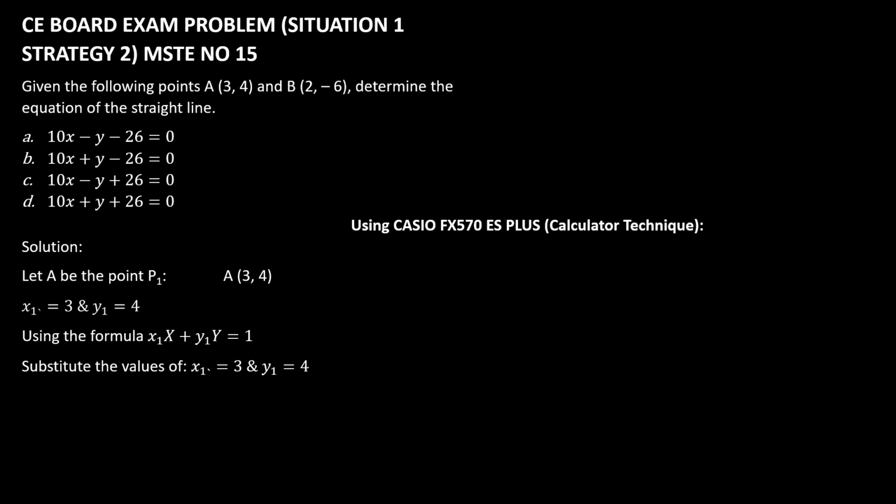Then, let x sub 1 be equal to 3 and y sub 1 be equal to 4 from our given coordinate A. By using the formula x sub 1 capital X plus y sub 1 capital Y equals 1, let us substitute the values of x sub 1 equals 3 and y sub 1 equals 4 into the given equation.